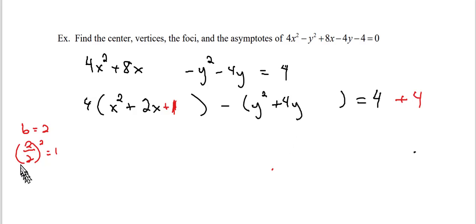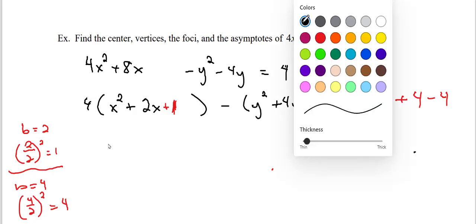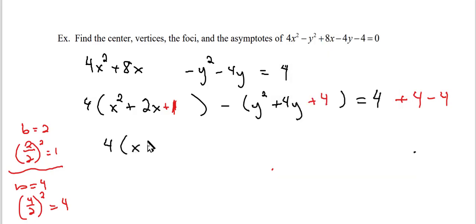This one, I take the b, which is 4, divide it by 2, and square it, and I get 2 squared, or 4. So I'm going to add 4 here, which is a net gain of subtracting 4. That leaves me 4 times x plus 1 quantity squared minus y plus 2 squared equals 4.